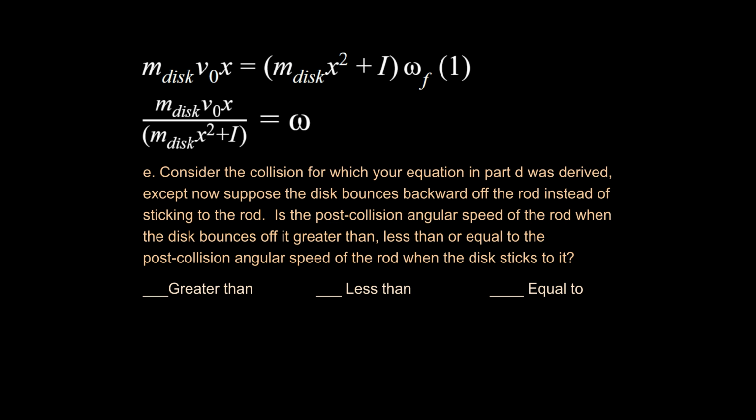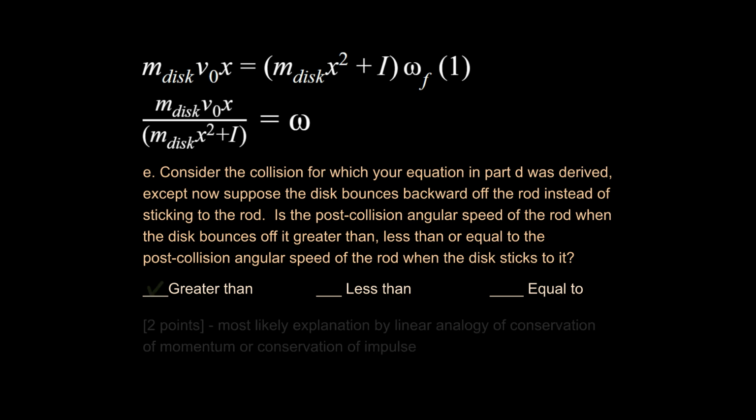All right, so if you think about it, you can have two collisions, two examples. One example, this thing collides and sticks, and another example is when this thing bounces backwards. The change in momentum for the disk is going to be greater if it bounces backwards. And because it's bouncing backwards and it's going to have a greater change in momentum, it's going to provide a greater rotation to the object than it would have otherwise.